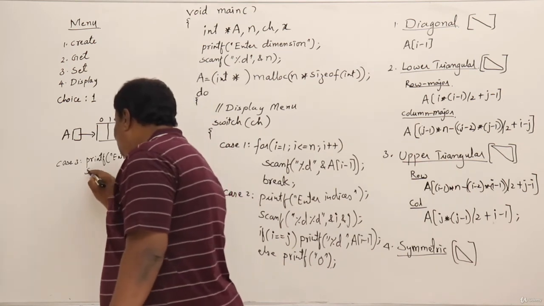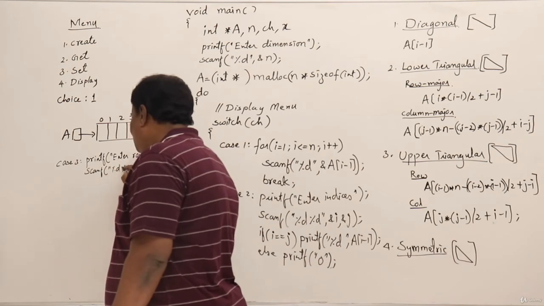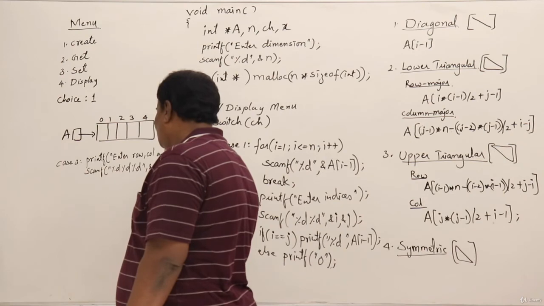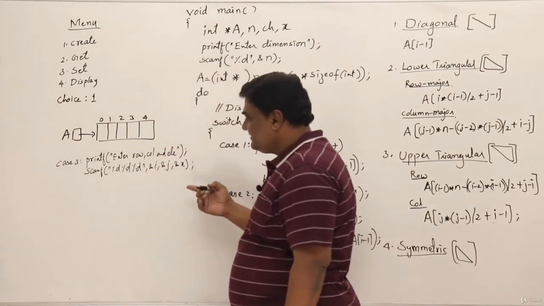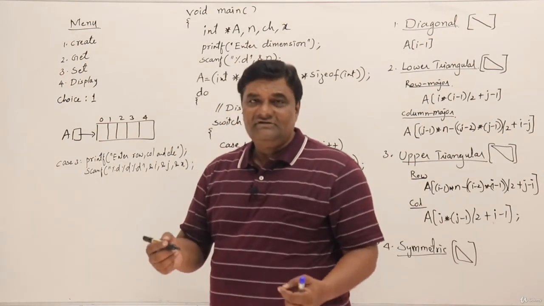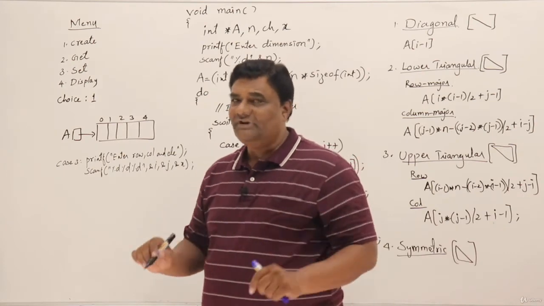I will read 3 things: scanf percentile d, percentile d, percentile d, ampersand I, ampersand j, ampersand x. So I'll be reading three values. Then if the indices are for diagonal, then you change the element, otherwise don't do anything.